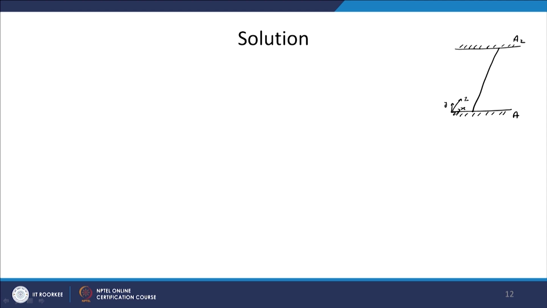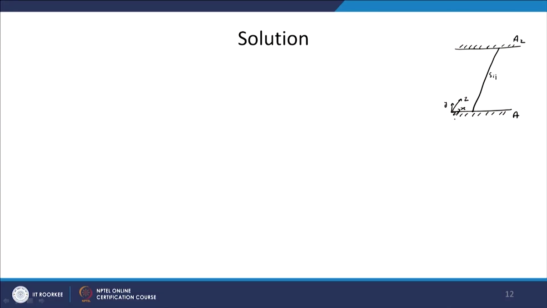So, we will start with the z and then we can put z tending to infinity for the thickness of the plates reaching infinity in the z direction. Okay. So, this will be Sij. This will be x1 and the coordinate of this point will be x2, and similarly y1 and y2.